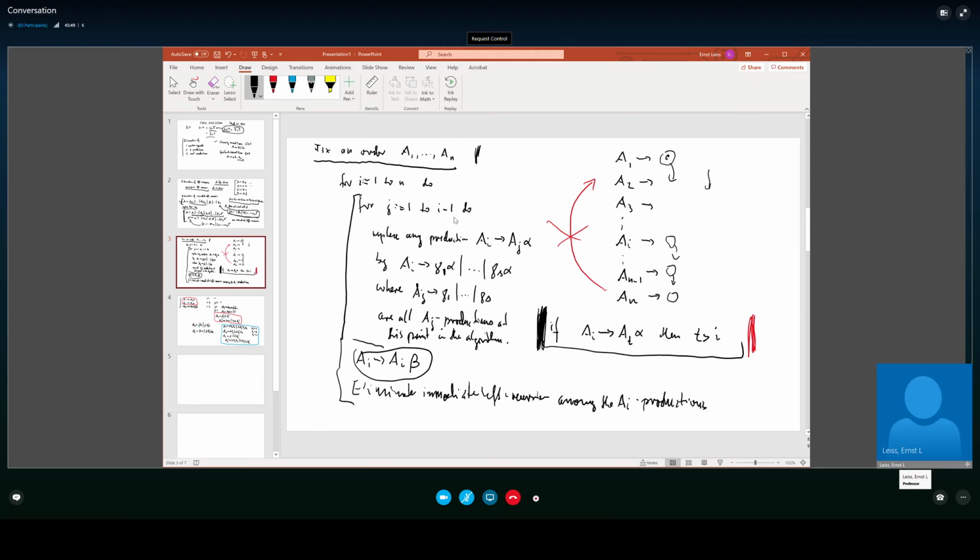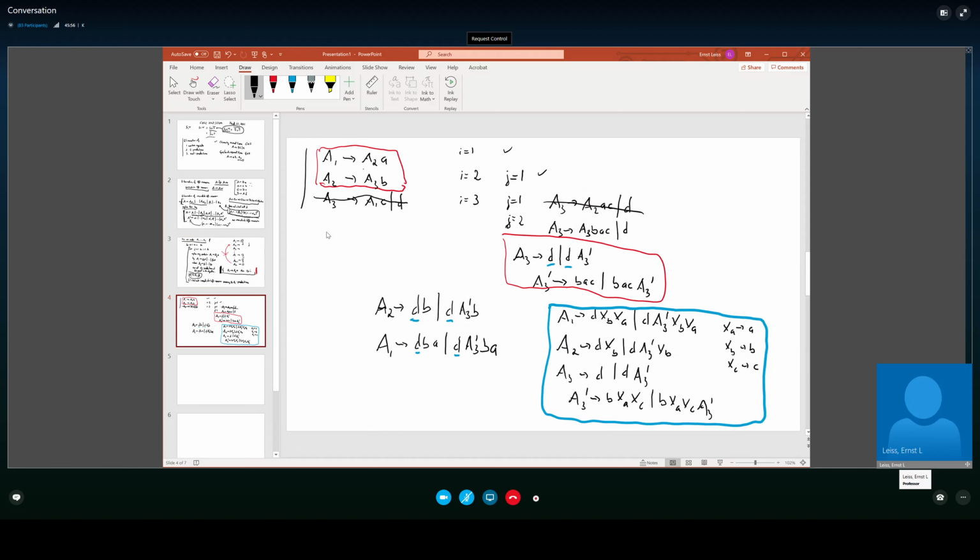Because if you do not do that in the correct order, going 1, 2, 3, and so on, you would easily see how this would go wrong, because you have A3 goes to A1, and so that gets then to A3 goes to A2, and that then gets to A3 goes to A3. And then you have to eliminate the immediate left recursion, which of course we know how to do. There it is.